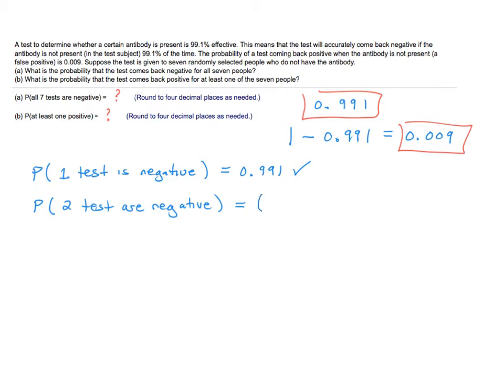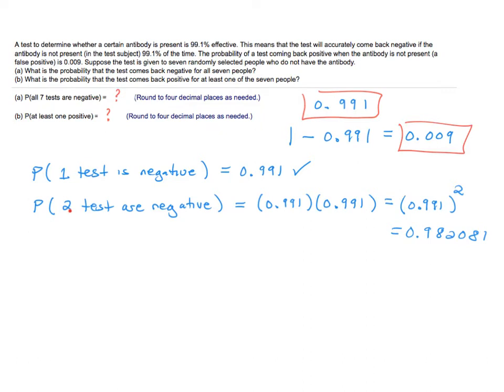So you would take 0.991 and multiply it to itself like this. This is the same thing as 0.991 squared. And you can get this number right in a calculator, which is what I'm going to do. So I'm going to type in 0.991 and square it. And I'll write out the whole decimal, but you get 0.982081.